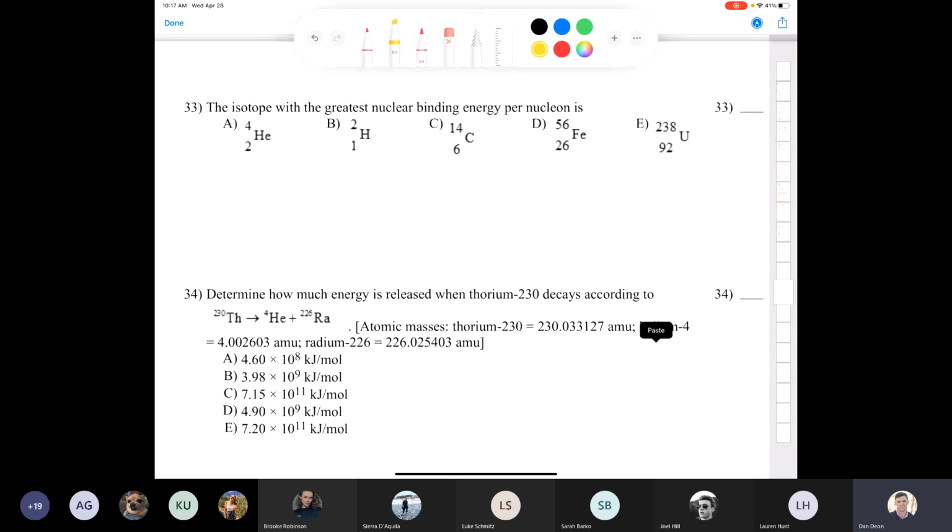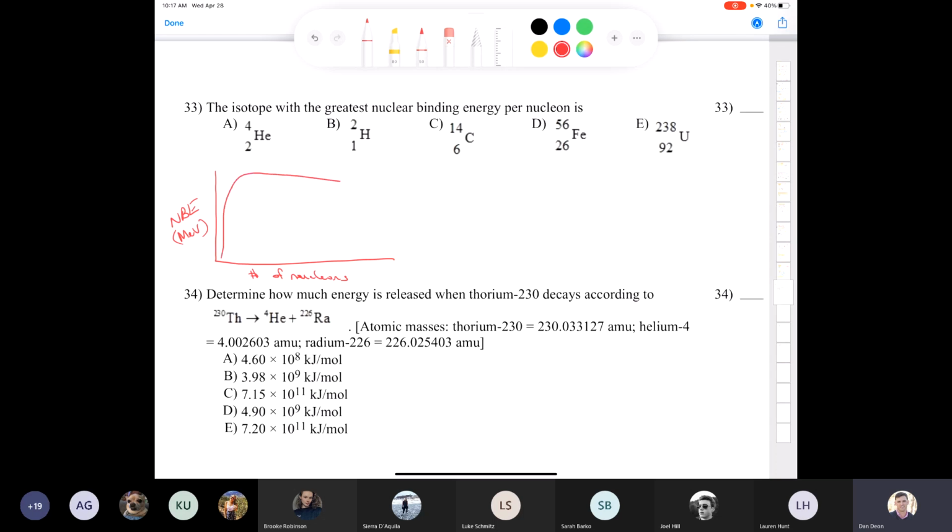Question 33. This is a fact that we've talked about several times in the class. We looked at a graph or a plot of nuclear binding energy, which was usually measured in mega electron volts, versus number of nucleons, and it had a shape that went something like this.